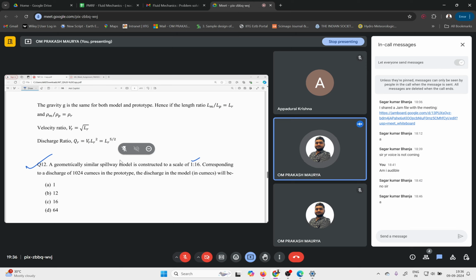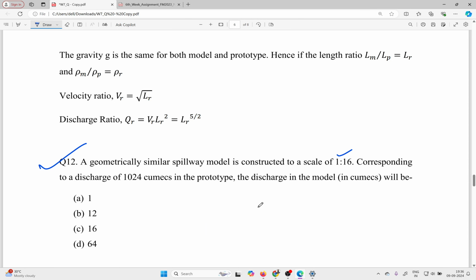Okay, let me solve the answer of this question, question number 12. Here the geometric similarity is given, that is Lm by Lr is given 1 by 60, and the prototype discharge is given 1024 cubic.